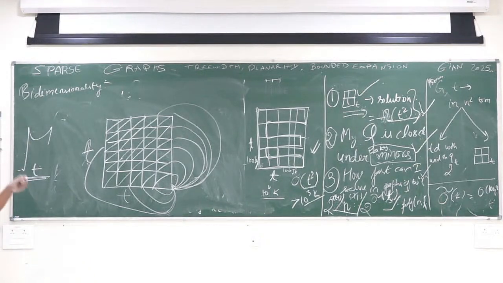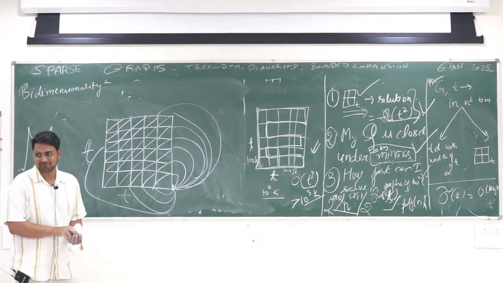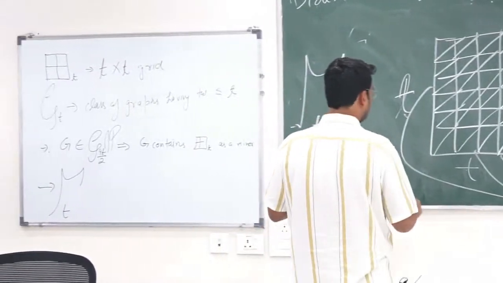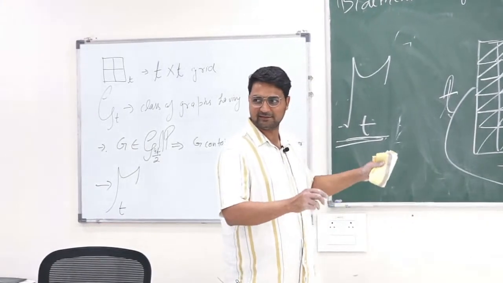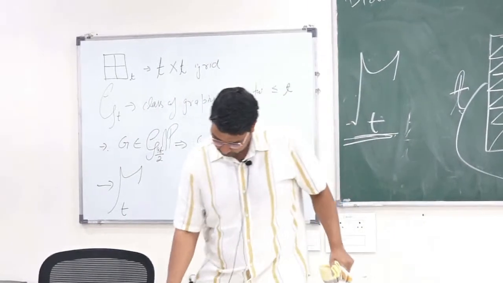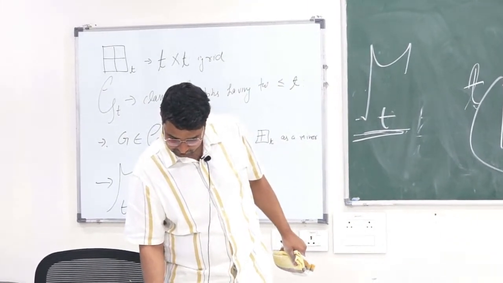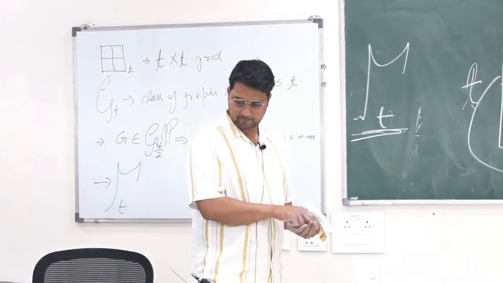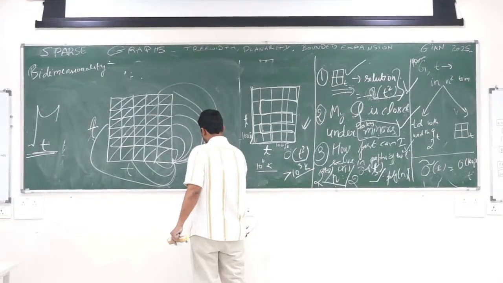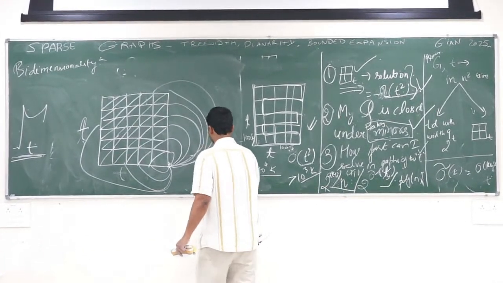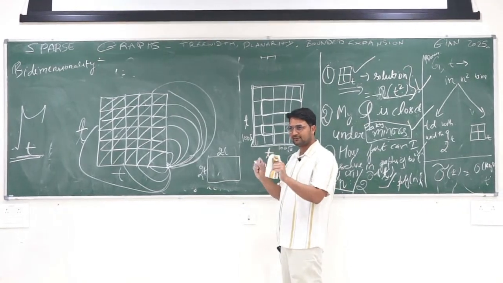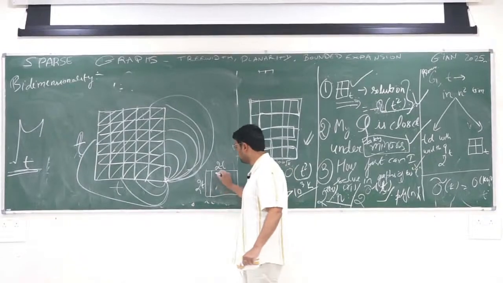Now, this will again be an assignment question in your tutorial: if you have a grid minor in your graph of size 2t by 2t, then you can contract edges of this grid.